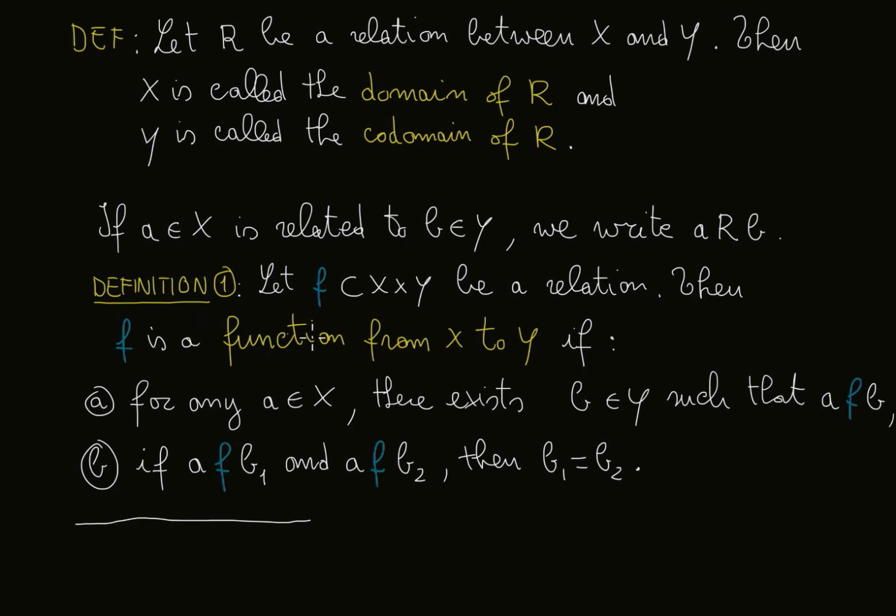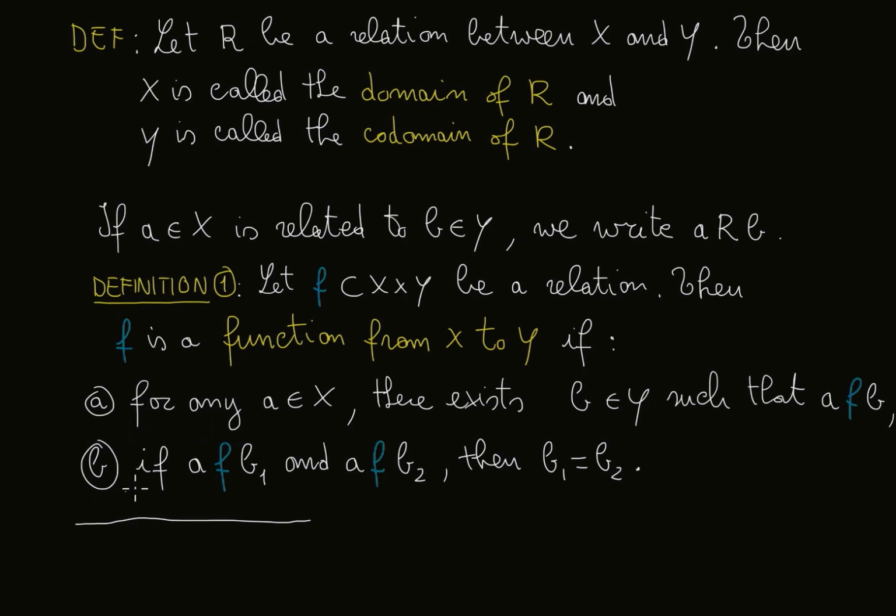Then f is a function from x to y if the following two conditions are satisfied. The first one being that for any element A of x in the domain, there exists a B in y such that A f B, so such that A is related to B according to this previous notation.